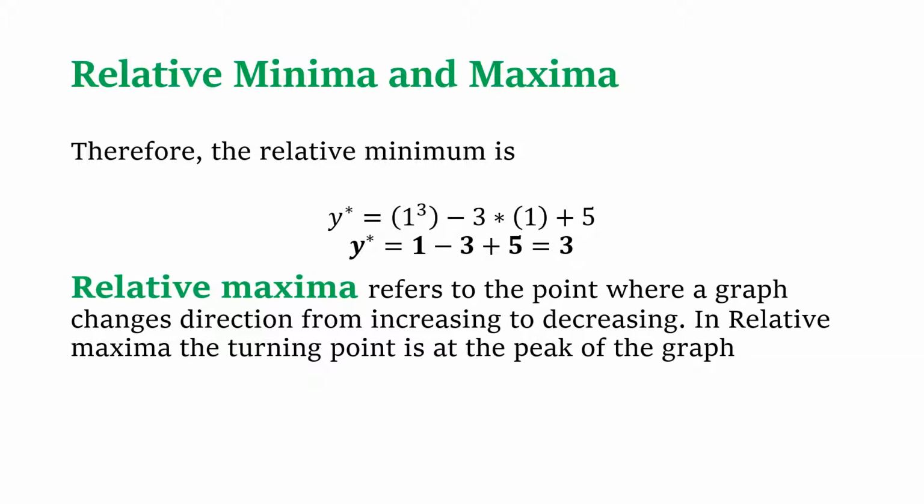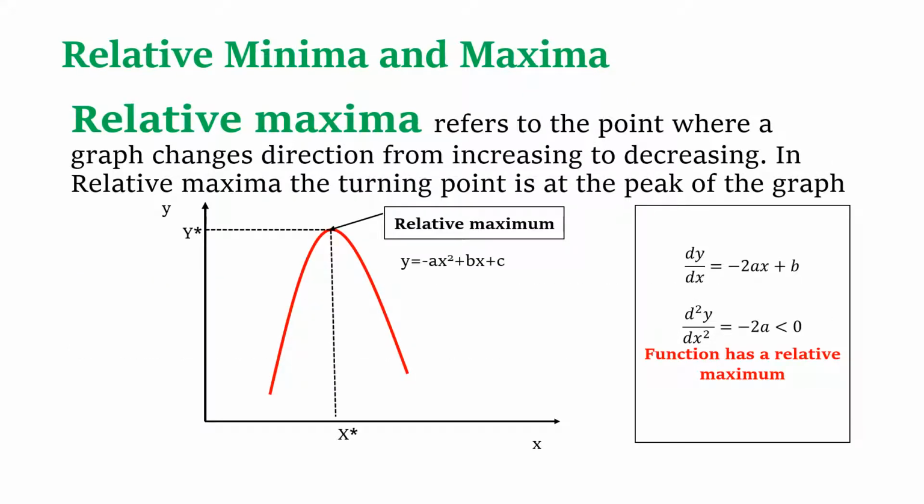So at the turning point of a relative maximum, the graph is at a particular peak, right? So if we look at the graph here, this time it is not U-shaped. So it has a maximum point there.